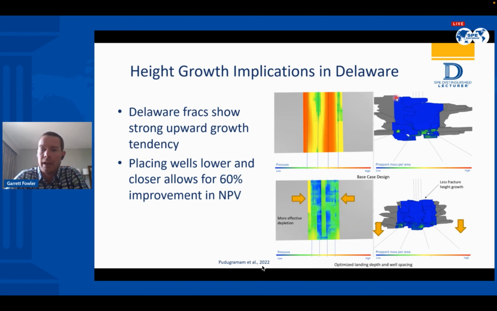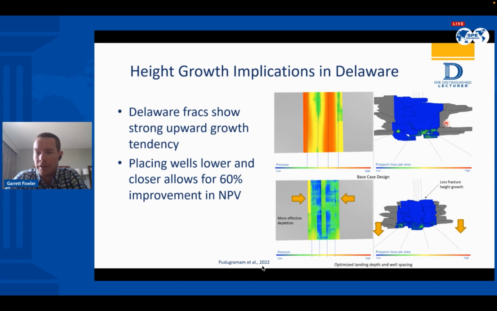Given that very high fracture growth and that energy diversion in the vertical orientation, we found that if we take those same well bores and the same completion design, but push them lower within the zone and a little bit closer together, we can more efficiently deplete that subsurface.